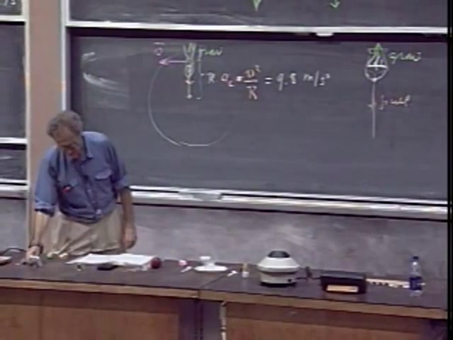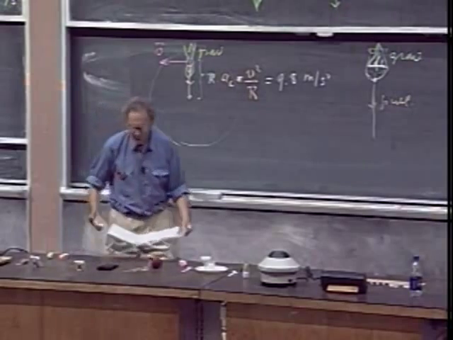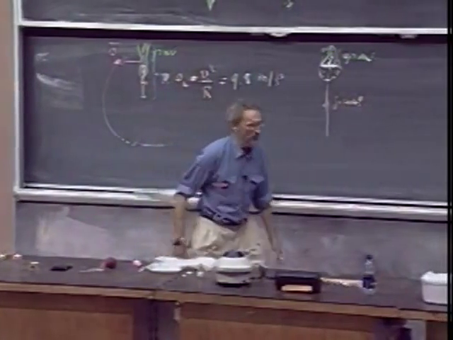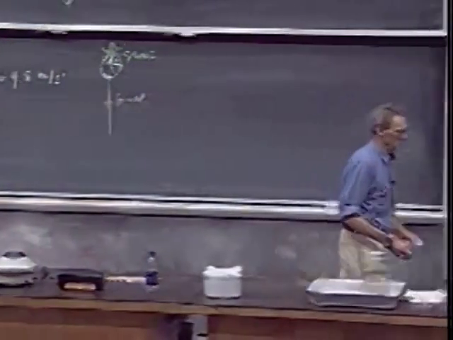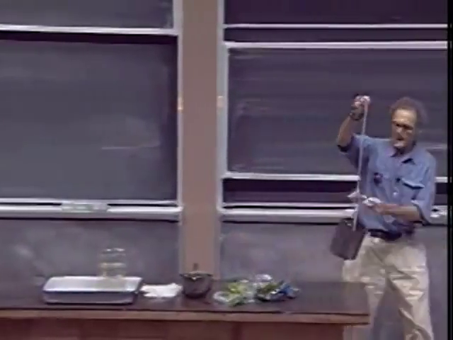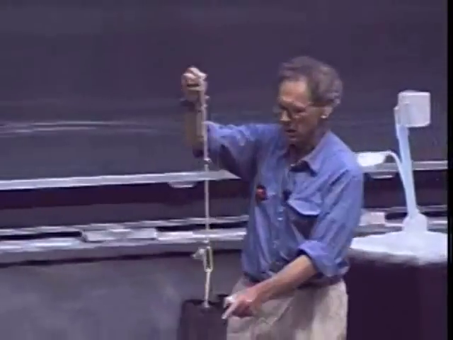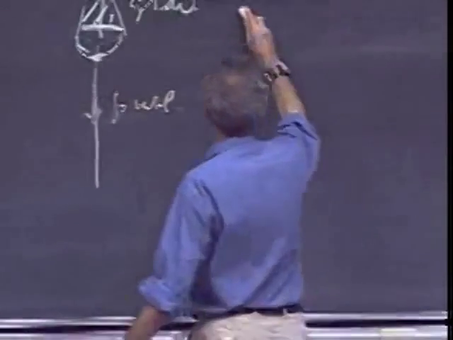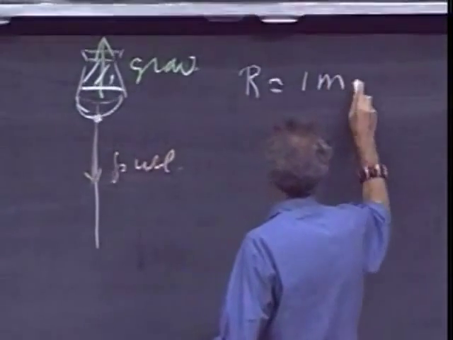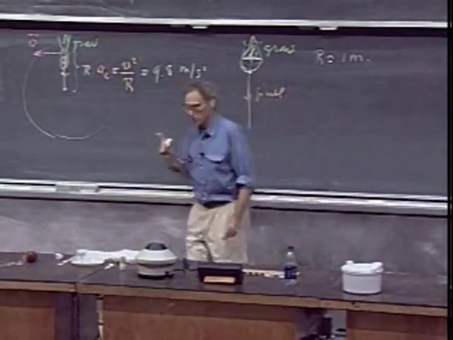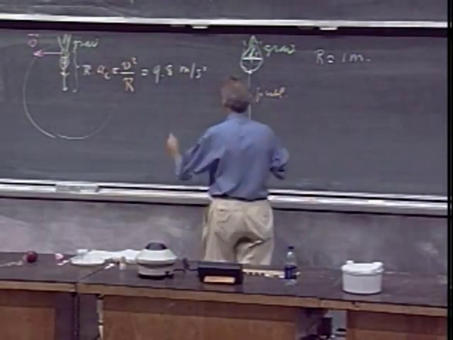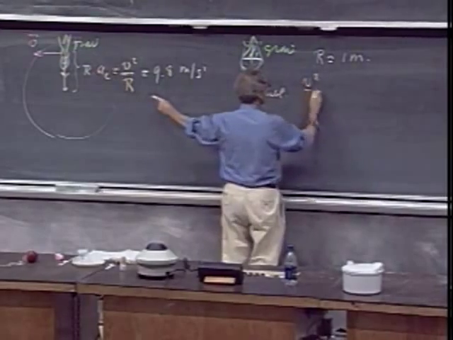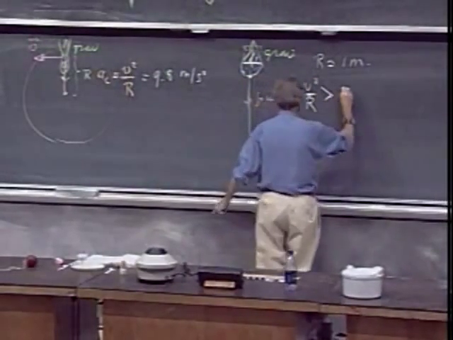How fast should I rotate it? Well, let's put in some simple numbers. I have here this bucket, and let's say that this is about 1 meter. I'll just round some numbers off. So r is about 1 meter. And I want v squared over r to be larger than 9.8.